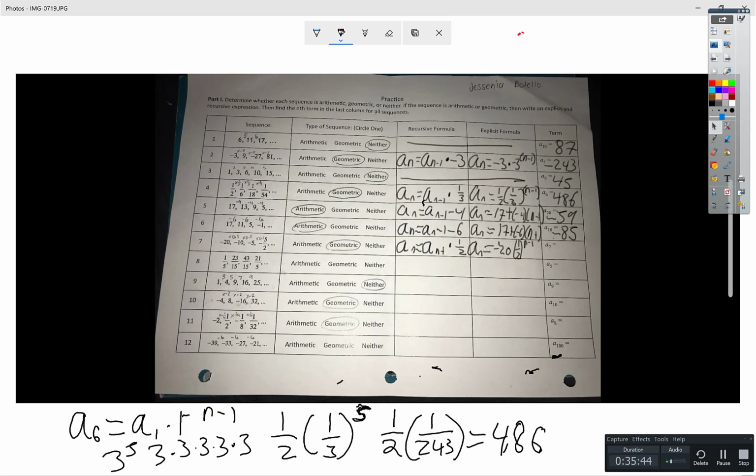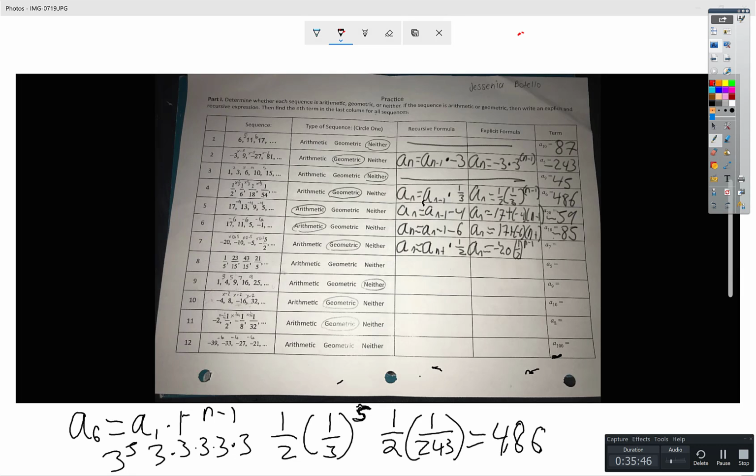So the seventh term would be negative 20 times a1, times r, and r here is 1/2 raised to the n minus 1 power, which means that's raised to the 6th power.